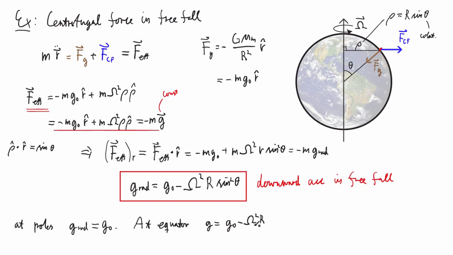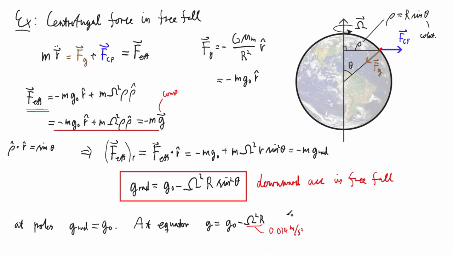And we can actually calculate that relatively easily. If we do that, we find that it is 0.034 meters per second squared. That's not very large, but it is significant enough to be measured compared to this, which is on the order of 9.8 meters per second squared.